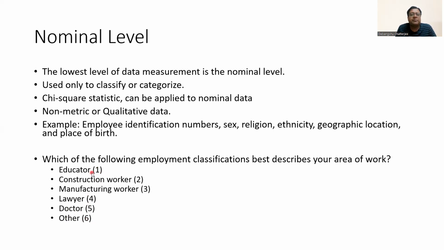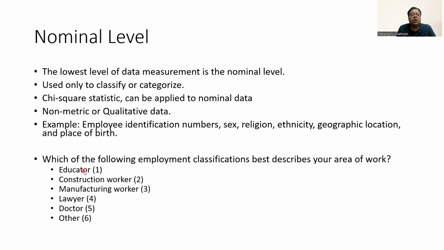Now we can represent educator with the numeric value 1, construction worker with the value 2, manufacturing worker with the value 3, and so on. But you should understand that representing this text with the help of a numeric value does not turn this data from nominal, or qualitative data, to quantitative data. It is not converting the qualitative data to quantitative data. It is just a representation.